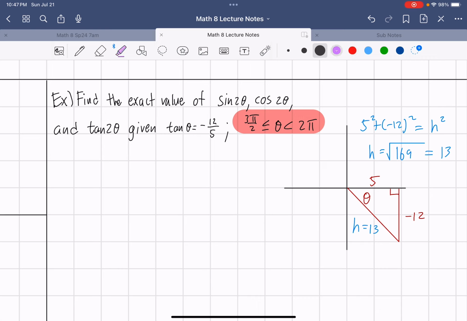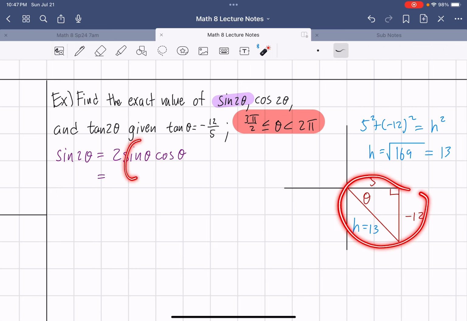Now to continue. So sine 2 theta. Once again, sine 2 theta is equal to 2 sine theta cosine theta. Now in the previous example, we already had sine theta, so I didn't need to find that value. But here, I need to use this triangle for both sine and cosine.